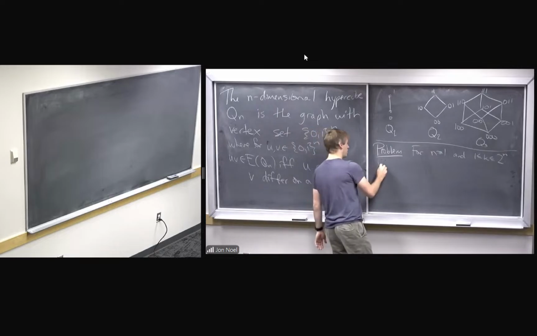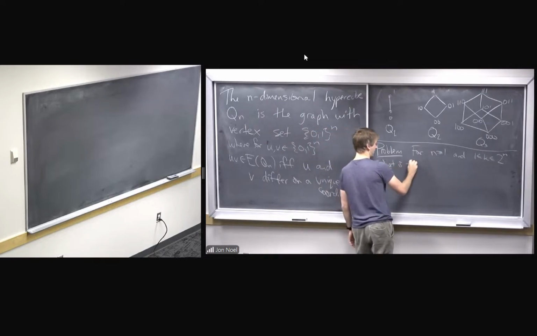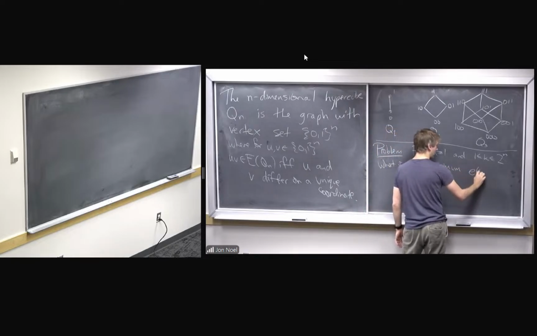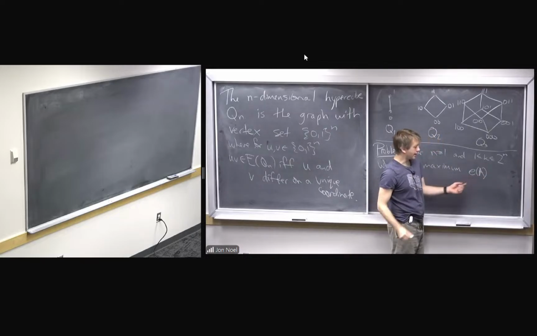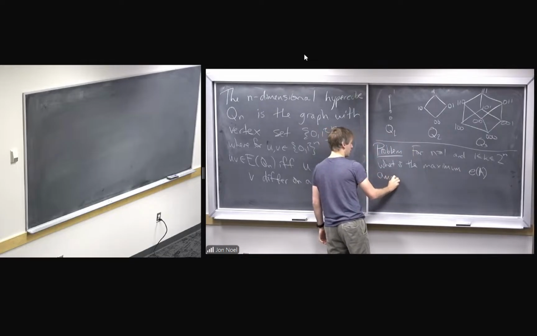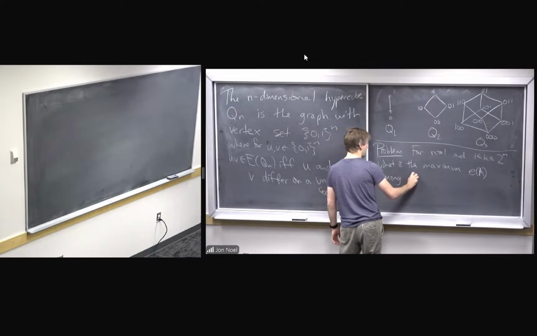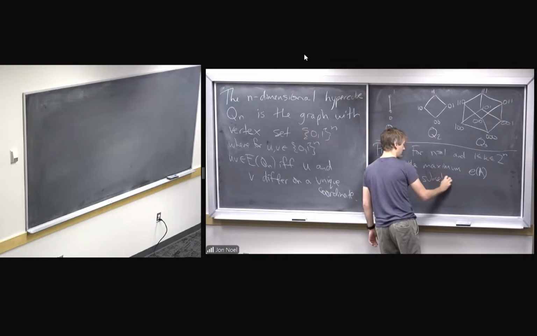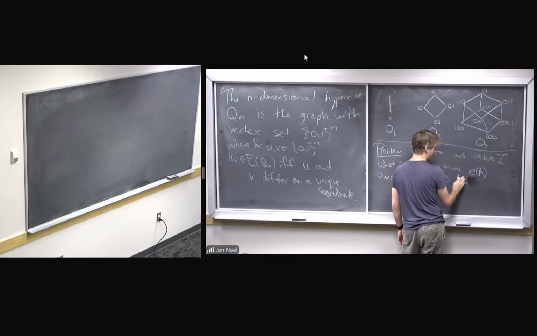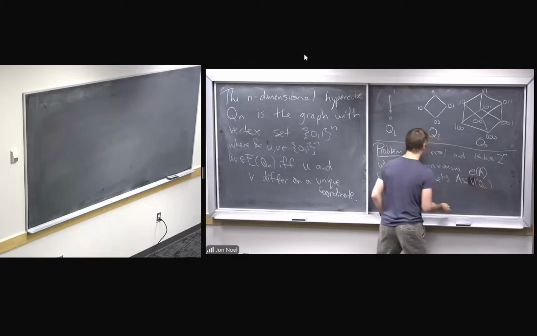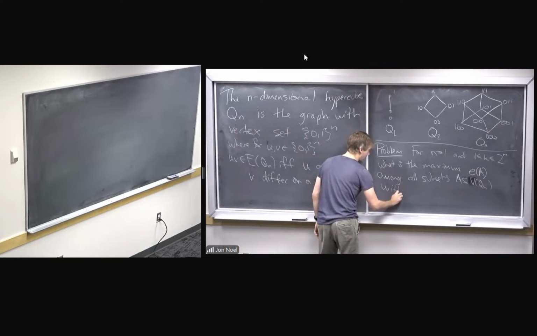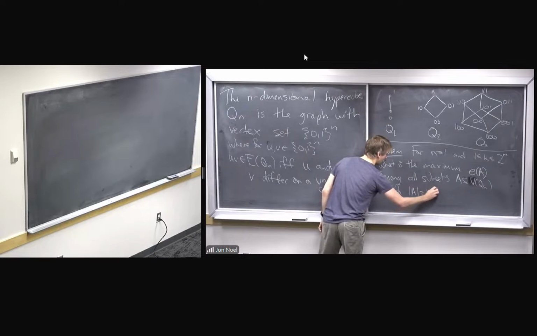So what is the maximum of E(A), which is just the number of edges contained within A, among all subsets A of the vertex set of Qn, in other words {0, 1}^n, with cardinality equal to k.